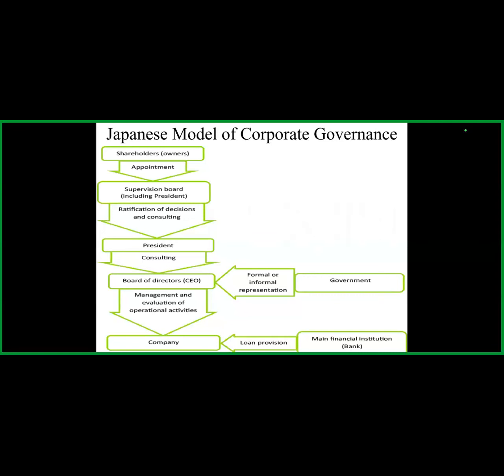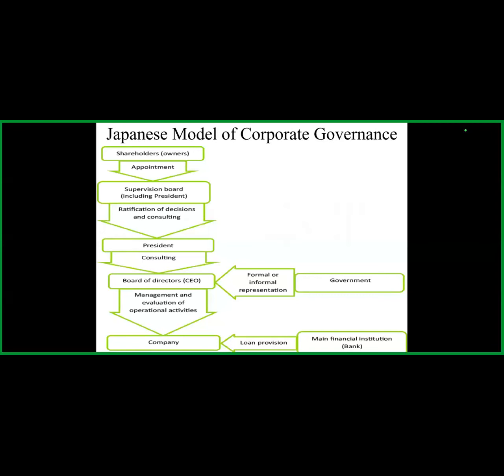So two important functions are given in the Japanese model of corporate governance to the supervision board. First one is that they can approve the decision, that is, ratify the decision. They can suggest changes in the decision, or they can reject the decision. That is the first job they need to perform.